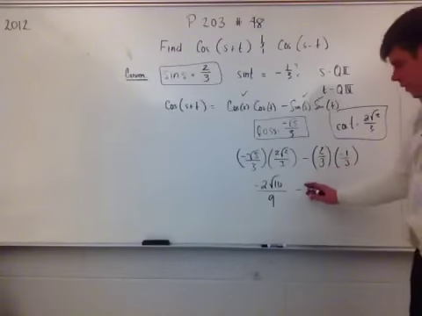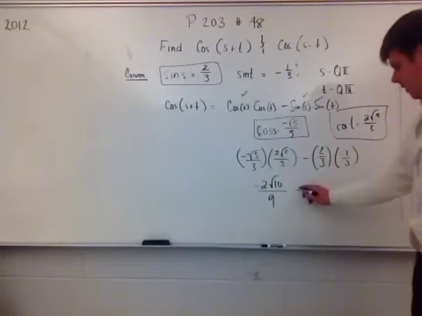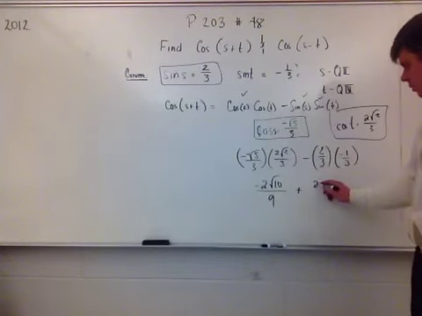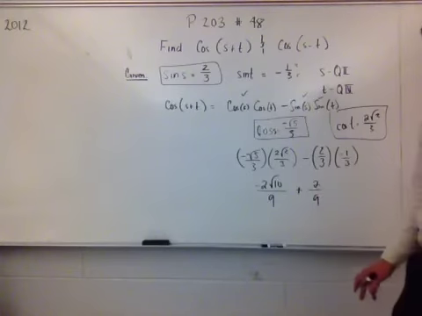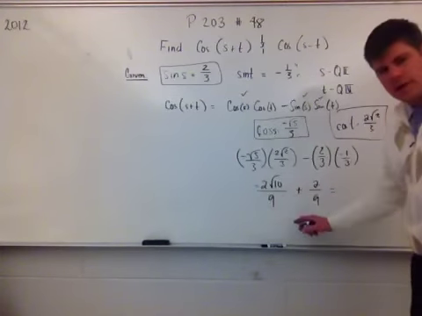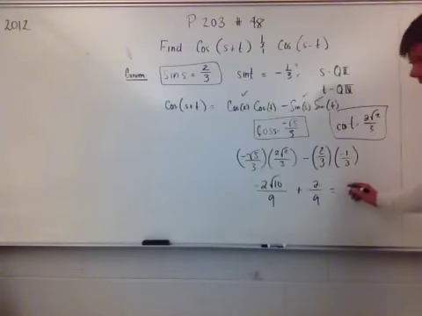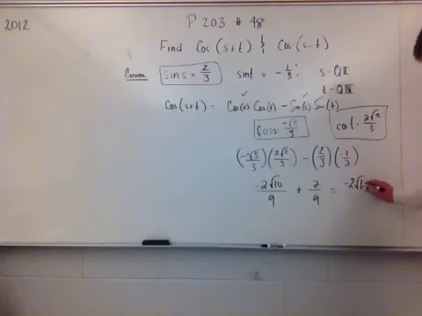Minus, so it actually becomes positive because the negative and the negative make a positive, 2 over 9. Now it just comes back to simplifying a little bit more. Since they're like denominators, I can write their numerators all over one fraction. So the final answer here is negative 2 root 10 plus 2 all over 9.